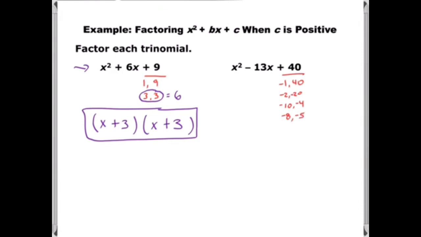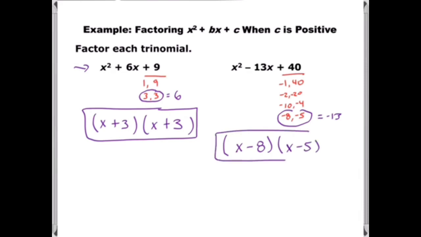The factors here that add together to give you negative 13 would be negative 8 and negative 5. So we create our two binomials. We end up with x minus 8 and x minus 5.